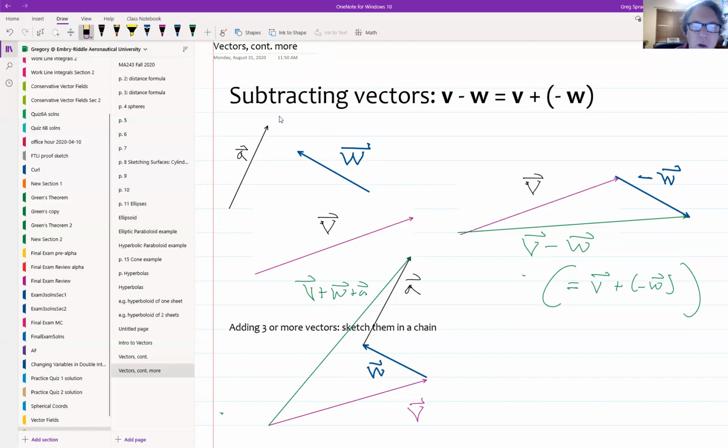Okay. And now vector addition is commutative and associative, just like addition of numbers. So you can group them: V plus W, plus A, is the same as V plus, W plus A. Since those are the same, we don't even write parentheses unless we want to emphasize something.